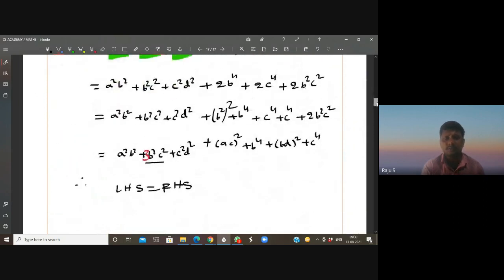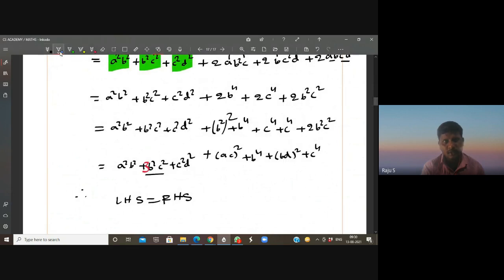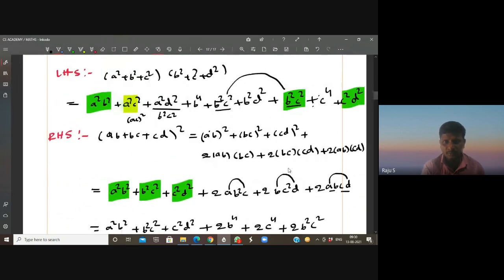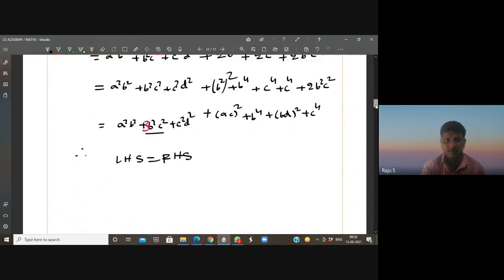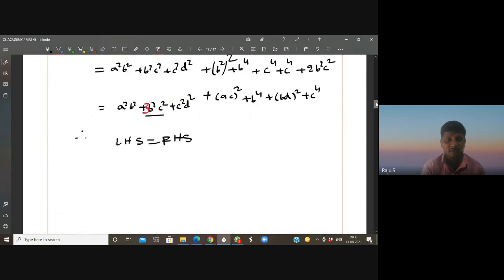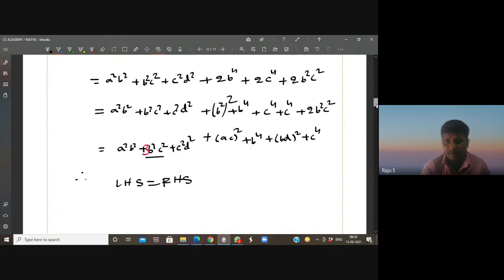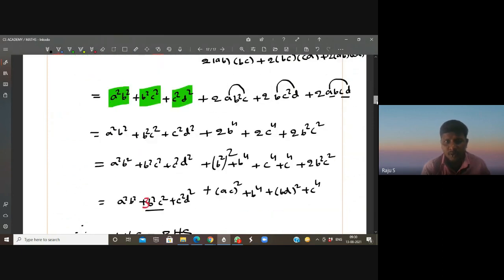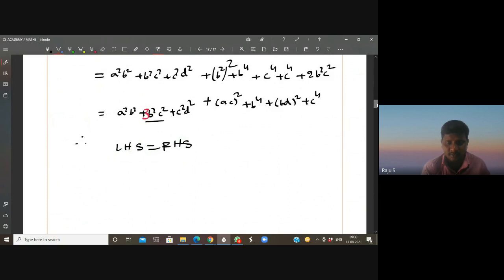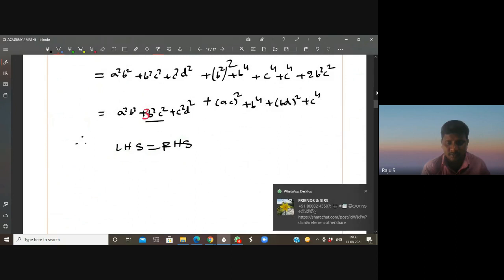This is another way. See students, don't get confused here. Even if sometimes you may or may not get the exact one, simply write clearly LHS equal to RHS. Even faculty may not check, but whatever you get in LHS as your final step, the same step you have to write in RHS. They will see just the final step.